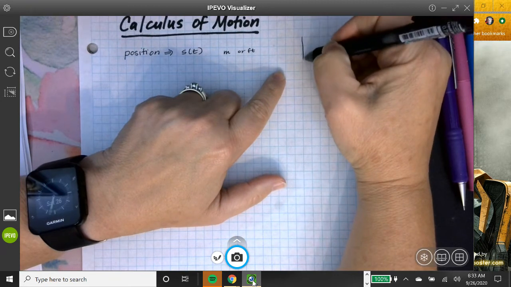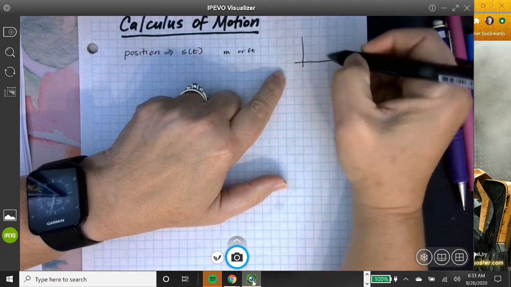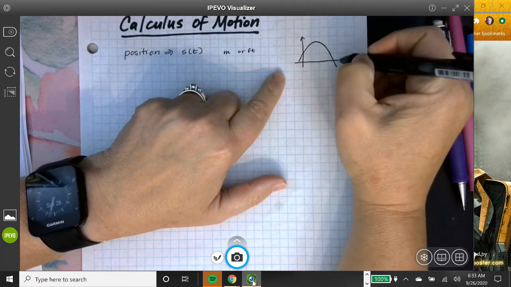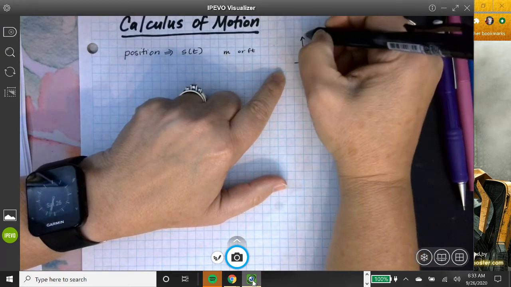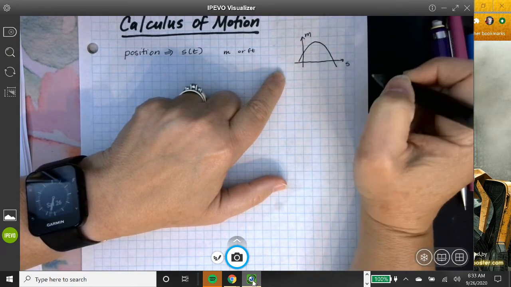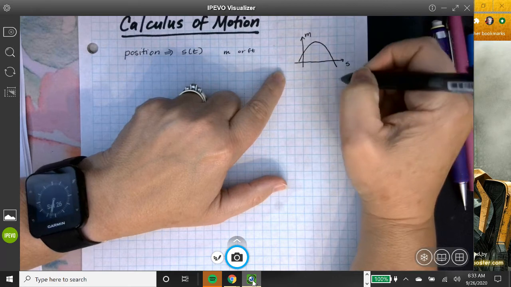I'm going to create a position-like graph here, and I'm just going to make a parabola, if that's all right, because that's simple. So I'm going to use meters, and I'm going to use seconds here for my timeline.